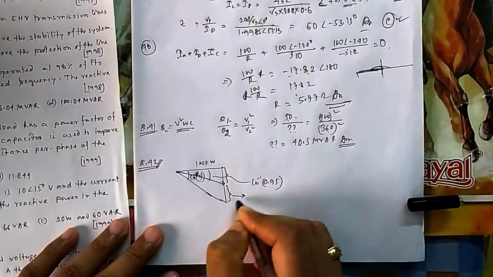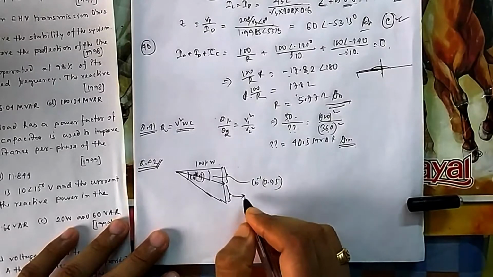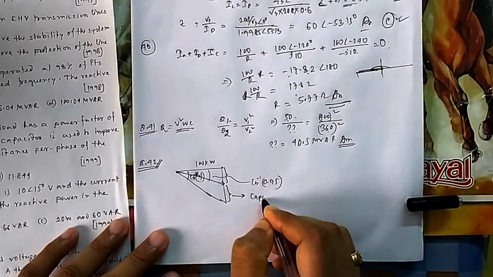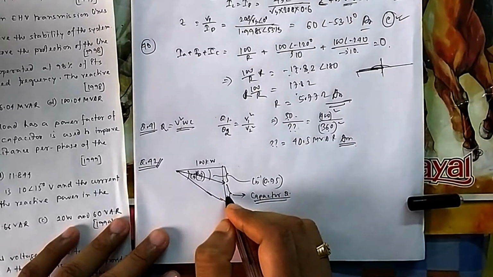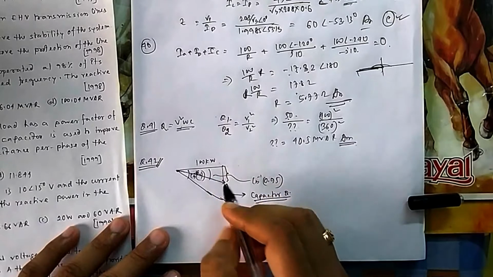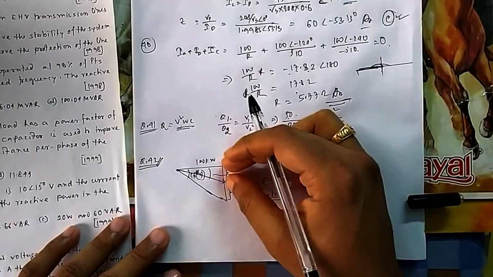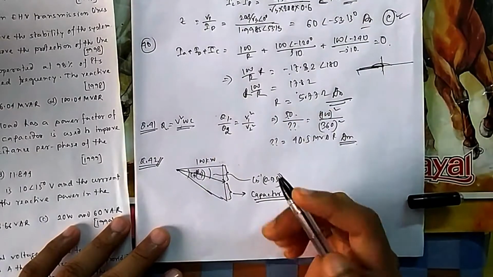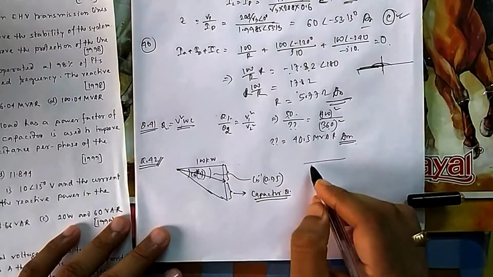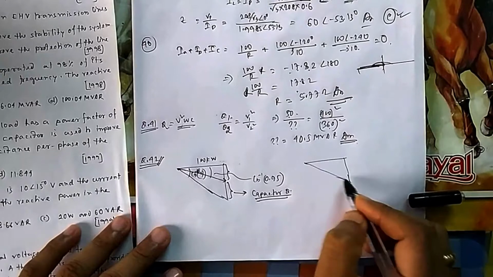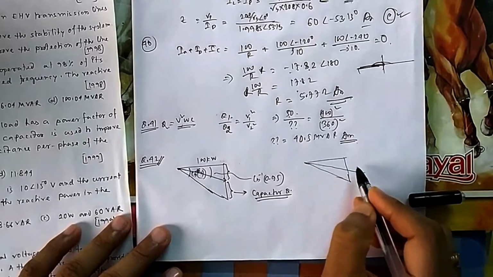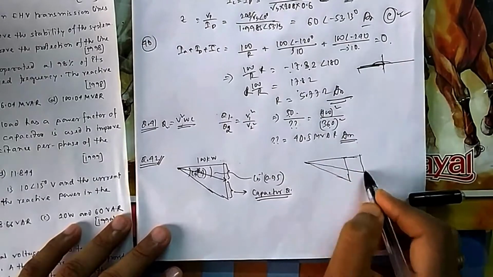This much reactive power will be supported by the capacitors. This is the support Q that the capacitor will provide, which will improve the reactive power requirement from this position to this position, due to which your power factor will improve. Had it been a synchronous condenser, suppose this is your old case, then it will go to a new case in this fashion.